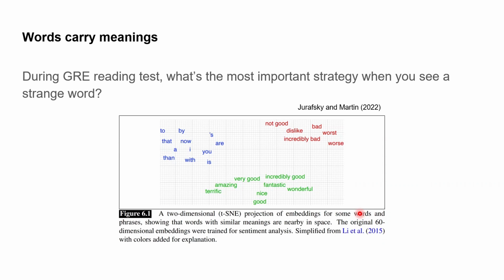Yes, that's how this works. This is another way to try to understand how to treat words as carrying meanings. The word's meaning can be expressed by its surrounding words, the surrounding words in a context.